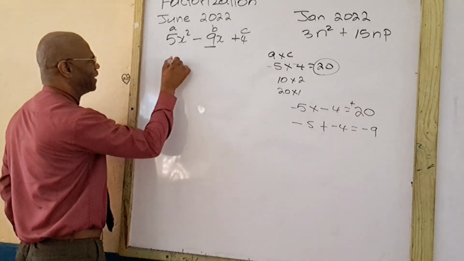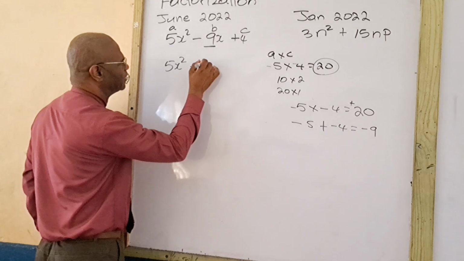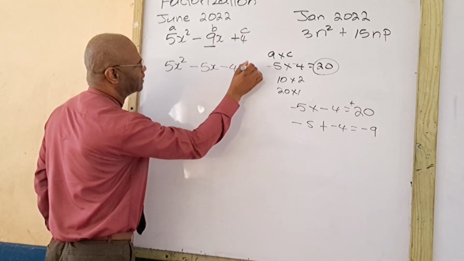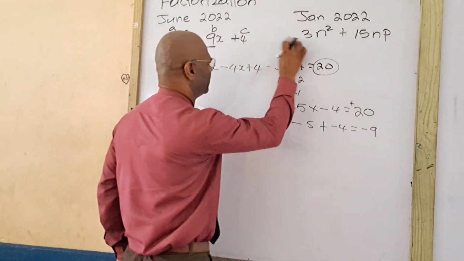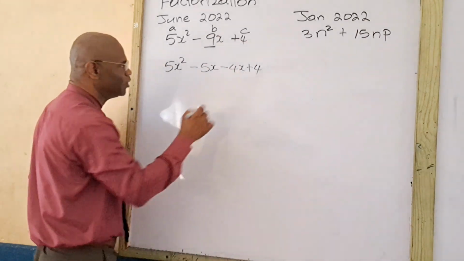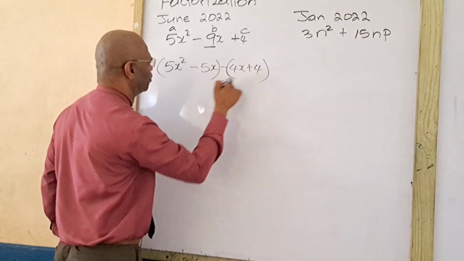Right? So we have now 5x squared minus 5x minus 4x plus 4. So let's get some space here. Alright. Now we are going to group them. So we group them, group them, group them.